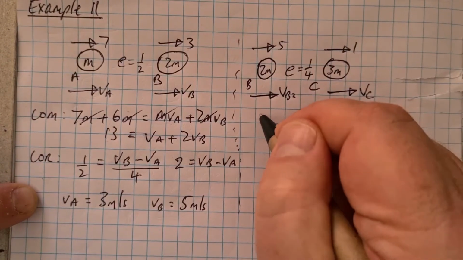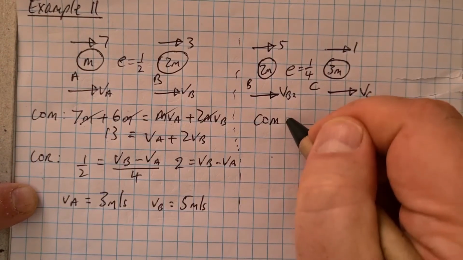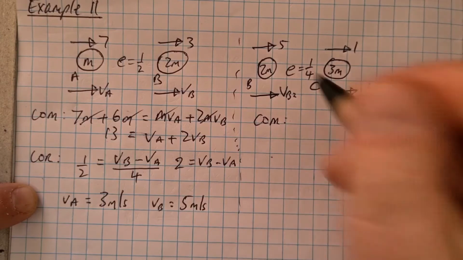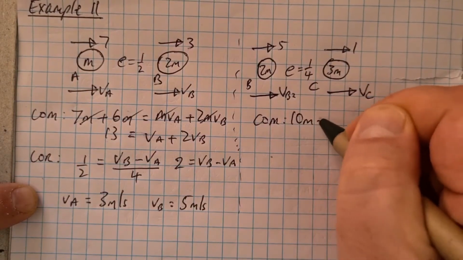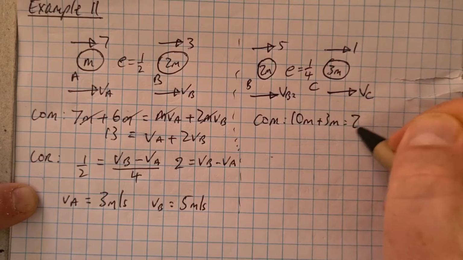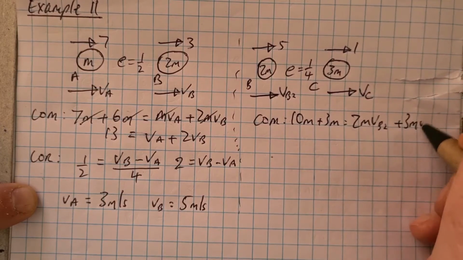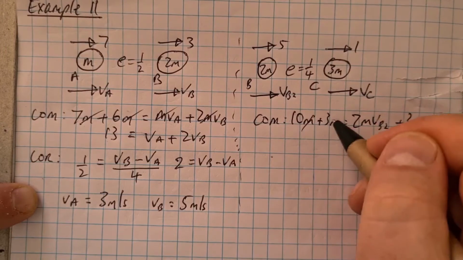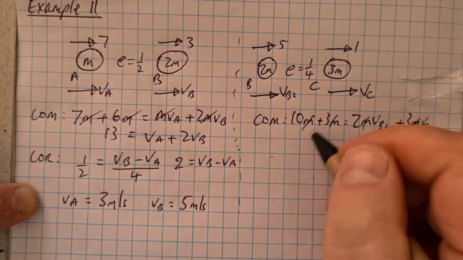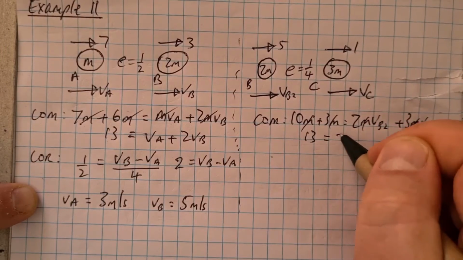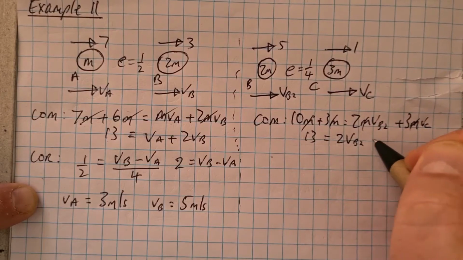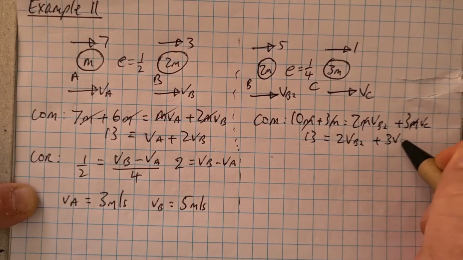So our second collision, same as before, the conservation of momentum is going to be 10m plus 3m equals 2m VB2 plus 3m VC. So again, if we divide by m, that leaves us with 13 equals 2 VB2 plus 3 VC.